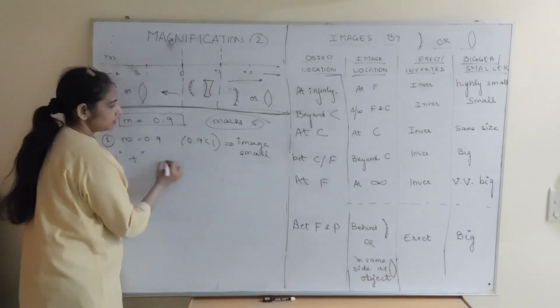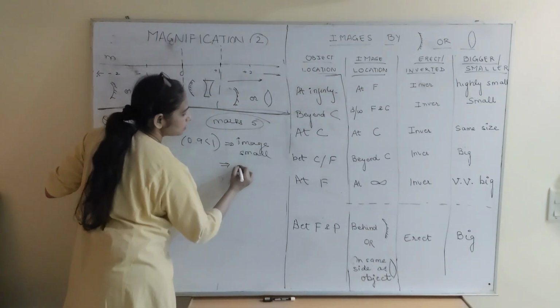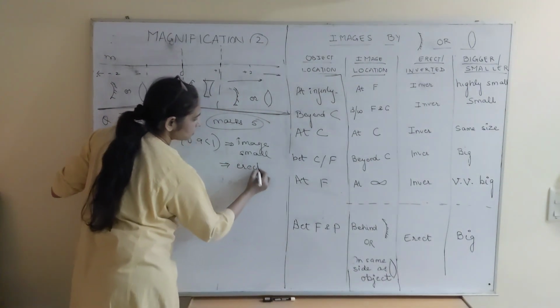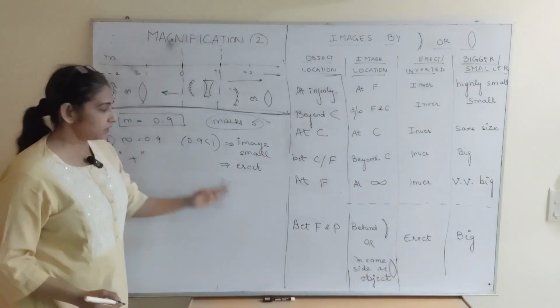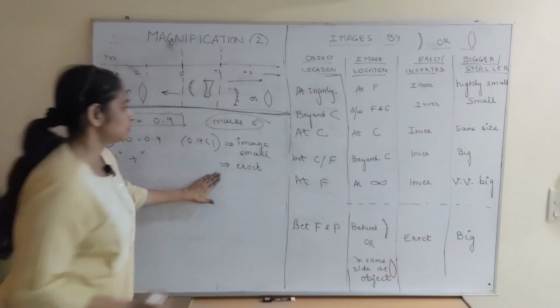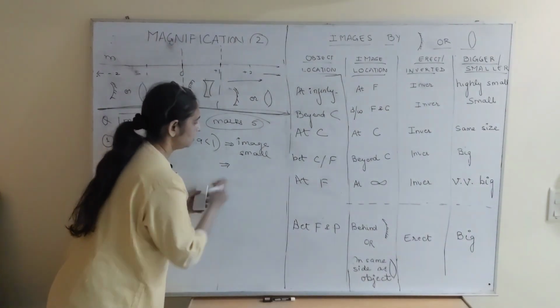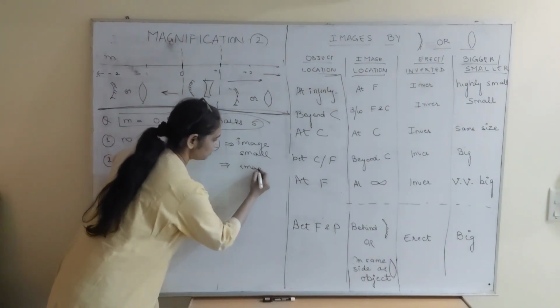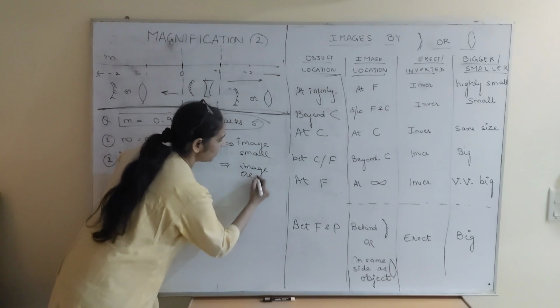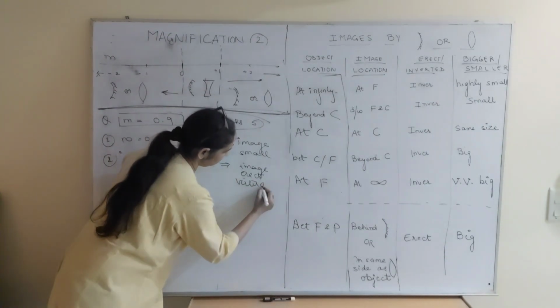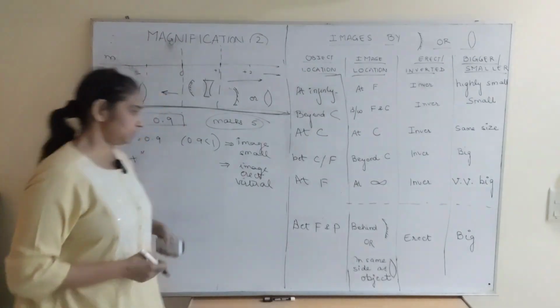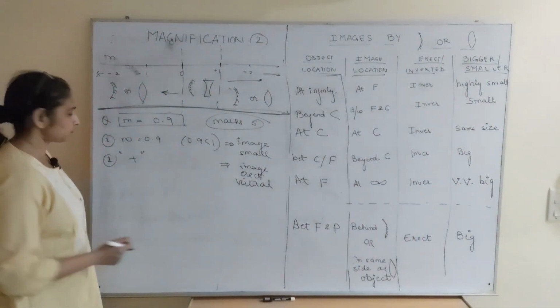The sign is positive, which means immediately it is erect. Just try to rethink: the image is erect. And erect always goes with virtual. These two are best of buddies, erect and virtual.